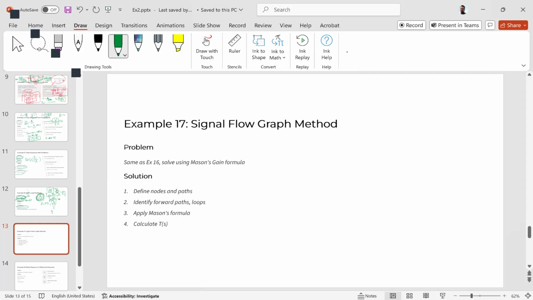We have 4 other examples. So go over that, and if you have any question regarding that, let me know. Especially, I believe that example 19 would need a little bit more explanation.